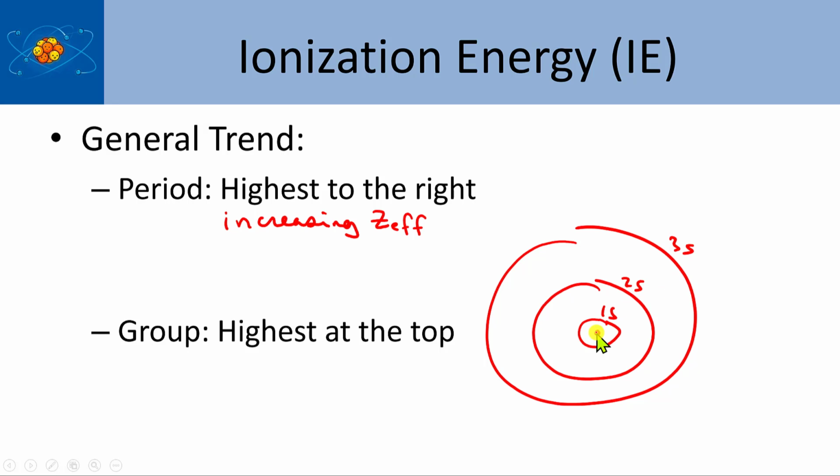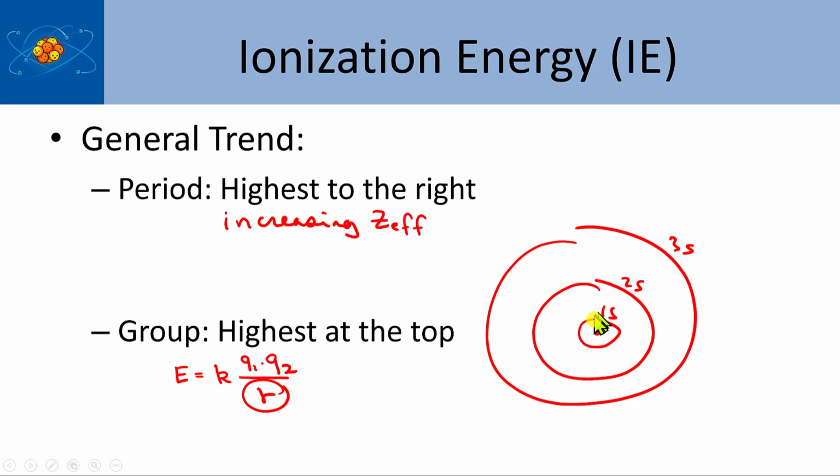So the deal is that 1s is closer, and the effective nuclear charge is the same as for the 2s. If you remember Coulomb's law, the energy of attraction is essentially a constant times Q1 times Q2 over the radius. Well, r is much smaller for electrons in the 1s orbital than in the 2s. And so in general, the highest attraction is at the top of the periodic table because those are the lowest principal quantum numbers.